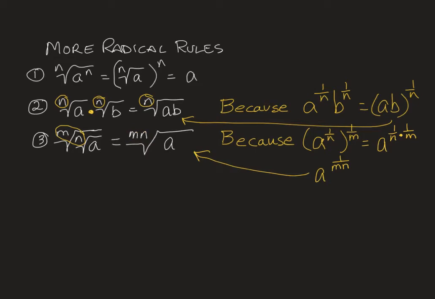And now one final rule. Rule number 4. Okay, not the final rule for the course. Sorry, you don't get out of it that easily. Our final rule for simplifying radicals is this.